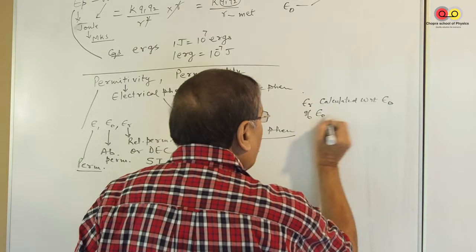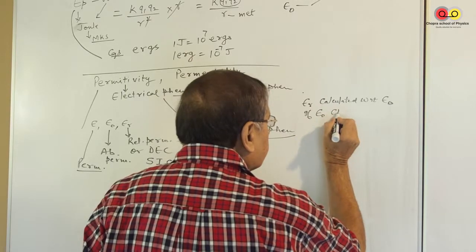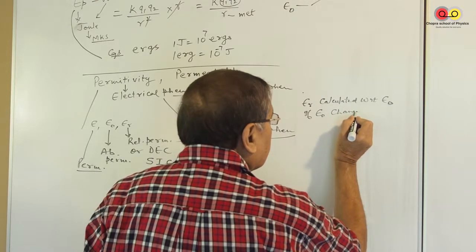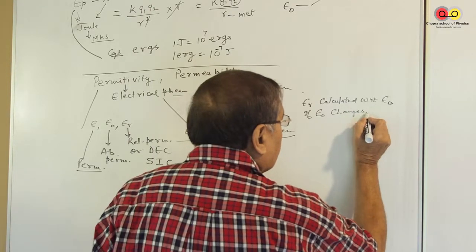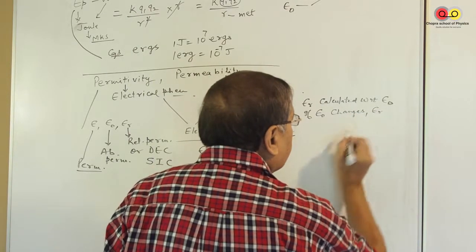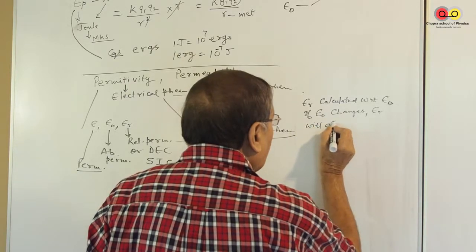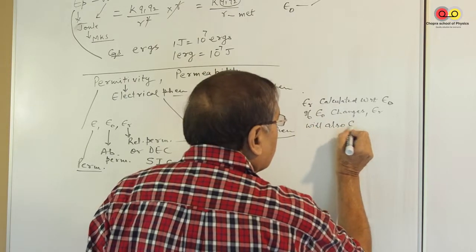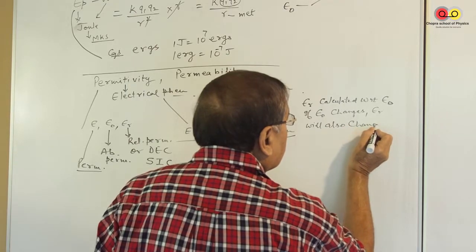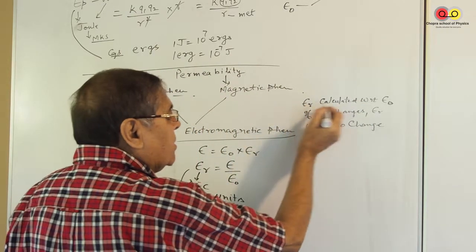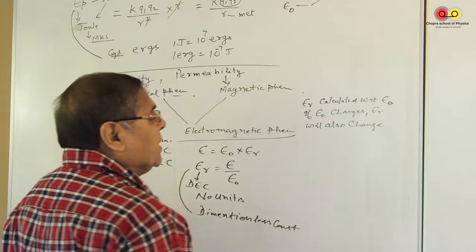If epsilon naught changes, epsilon r will also change. Epsilon r is calculated with respect to epsilon naught.